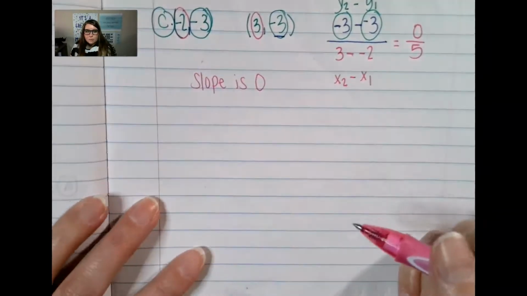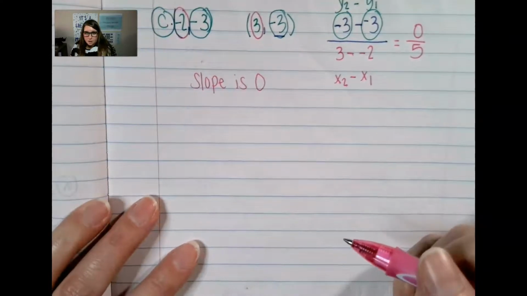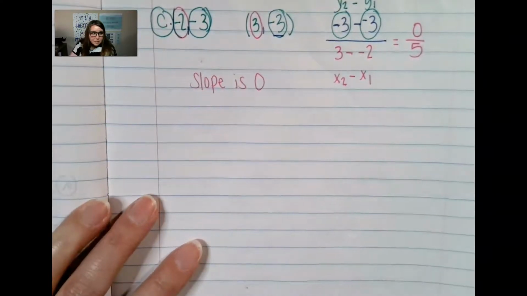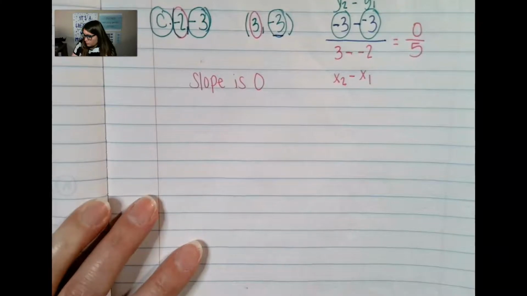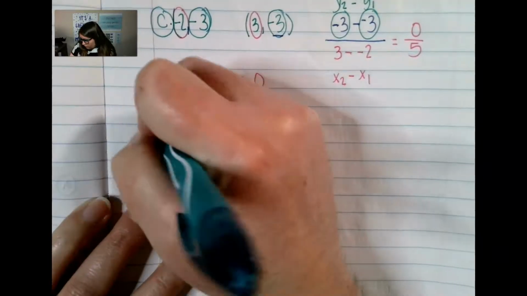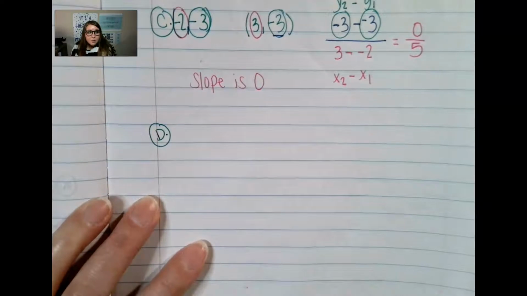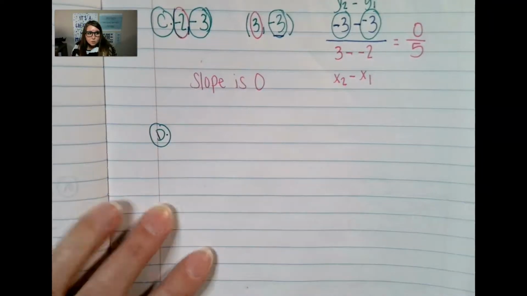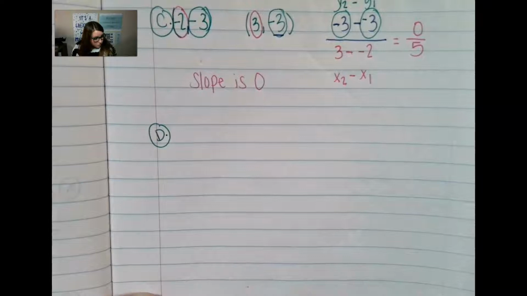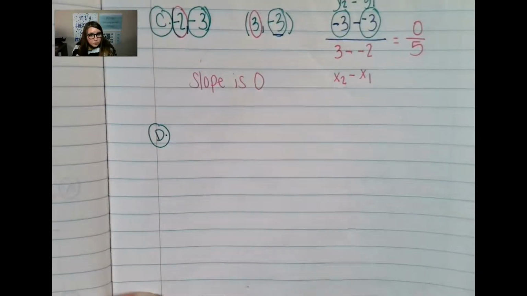When the 0 is on the bottom, the slope is undefined. So let's do one more example of when we just have the ordered pairs, so that way you can see how to look at those when there's just the ordered pairs.